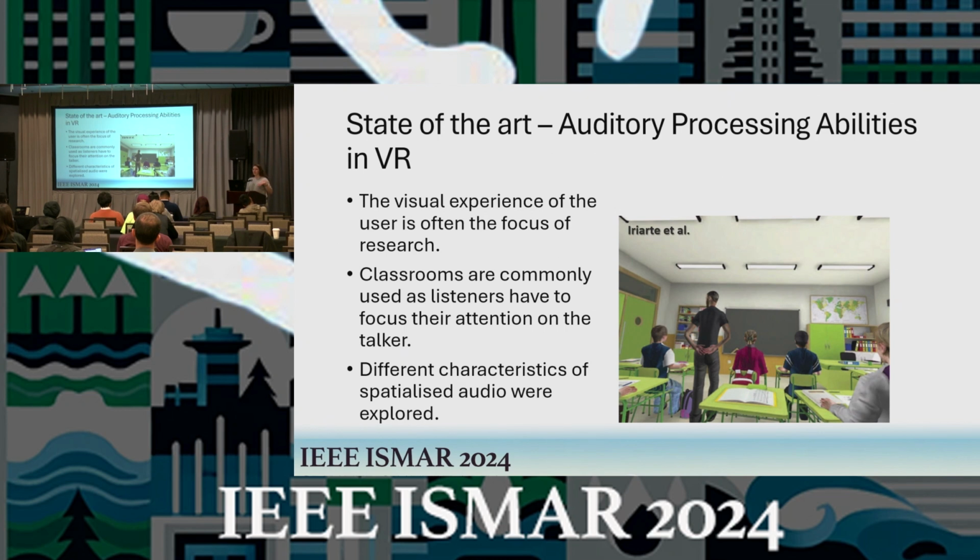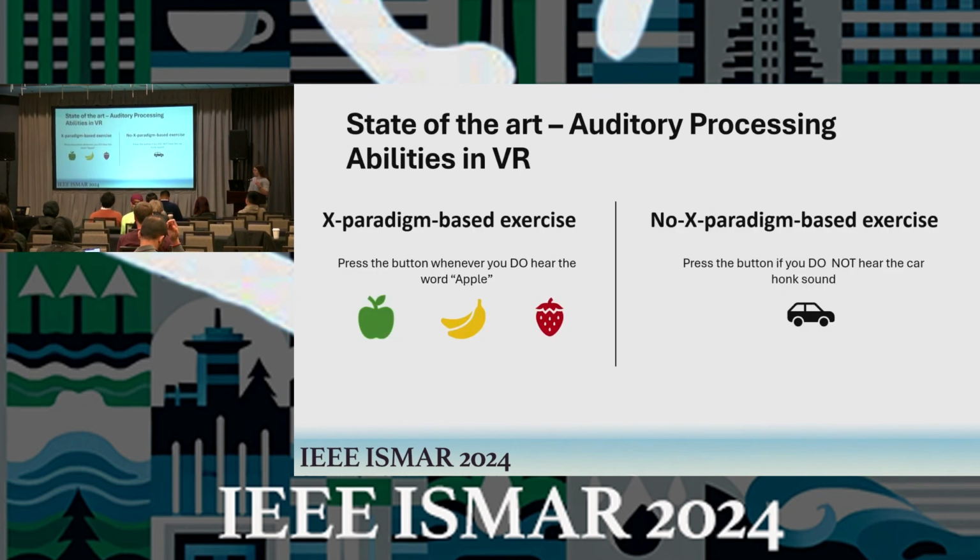If there's any noise coming from outside of the room, they can ignore that as well. And in those works, different characteristics of spatialized audio were explored. So I can just mention a few here. We can have spatialized and non-spatialized audio. We can also talk about different intensities for the audio stimulus, and also different positions for the audio as well, okay? And also in terms of the task, we have pretty much two paradigms.